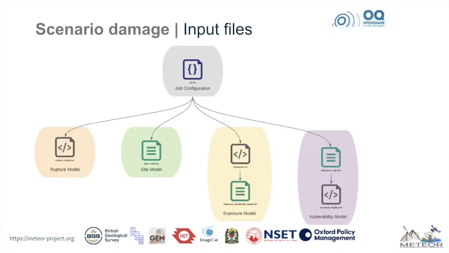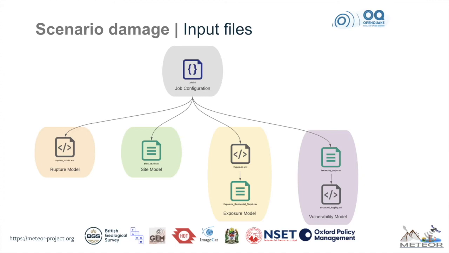Here's a closer look at the various input files required by the scenario damage calculator within OpenQuake. As before, we have the job configuration file, which then points to a few additional files that are used as inputs. Similar to the scenario hazard calculation, we have the rupture model and the site model.